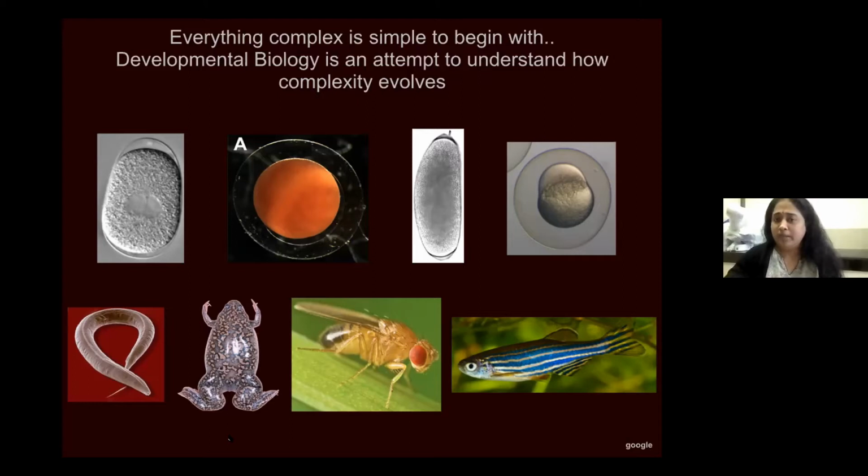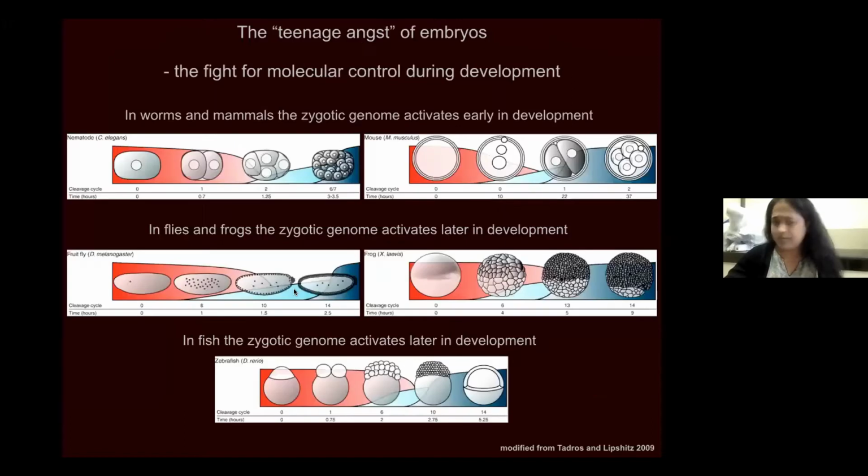So developmental biology is an attempt to understand how something that is like this becomes something like this. This has been studied for a very, very long time, and we do have a very good understanding of how things achieve 3D form, but that is still incomplete knowledge.